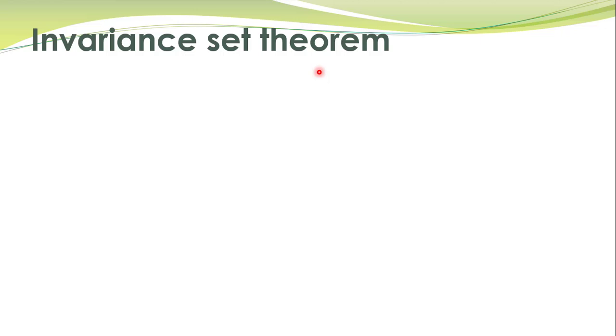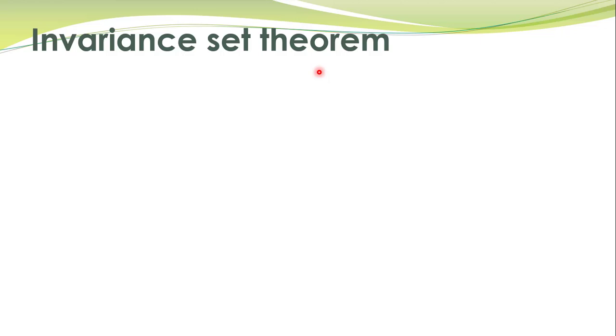So in today's lecture, we are going to talk about invariance set theorems. What is the benefit of these theorems? With the help of these theorems, we can augment Lyapunov theory to conclude the asymptotic stability of the equilibrium point for a system.